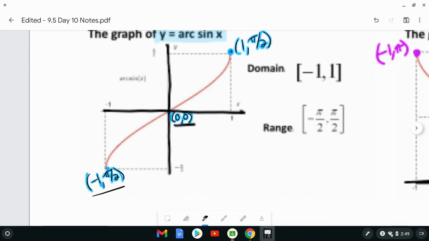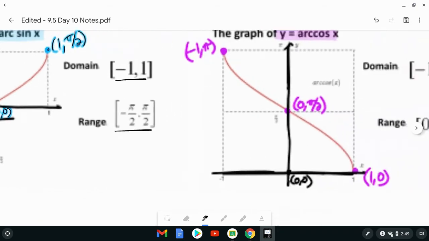This is the base graph that you should know, and we're going to apply all of our transformations on that. The domain is obviously from negative 1 to 1, and the range is the domain of the sine function. Remember, when you switch the x and y, the domain of the sine function is going to be the range of the inverse, so from negative pi over 2 to pi over 2.